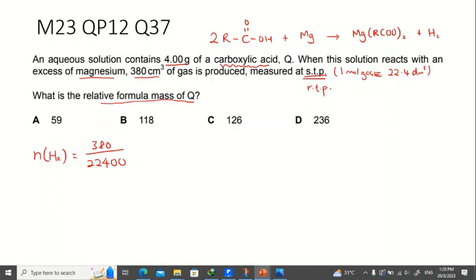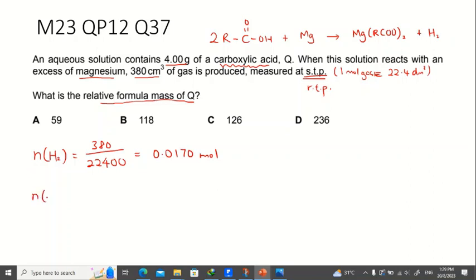So 380, what's the number of moles? We divide by 22400, and then I get the answer 0.0170 mole.